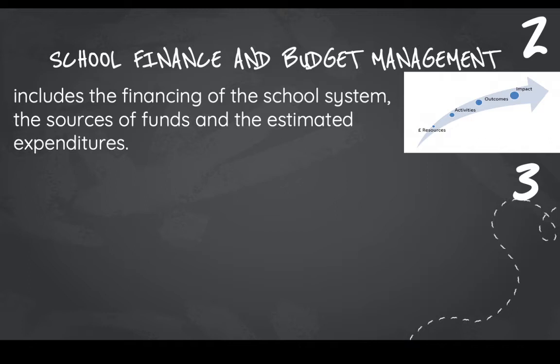So that means if there are resources, there will be activities, and if there are activities, there will be outcomes, and there will be a goal that should take place.